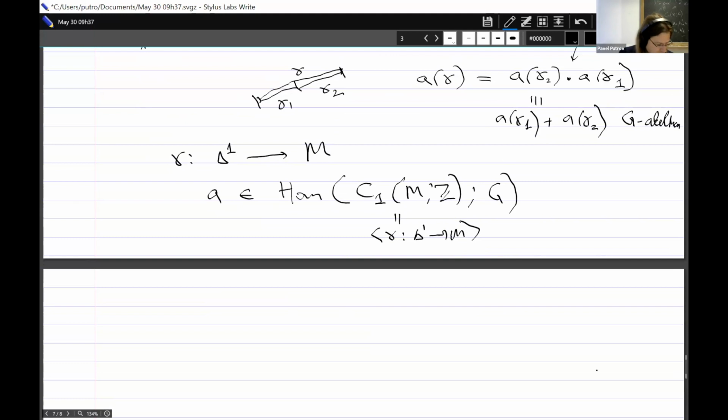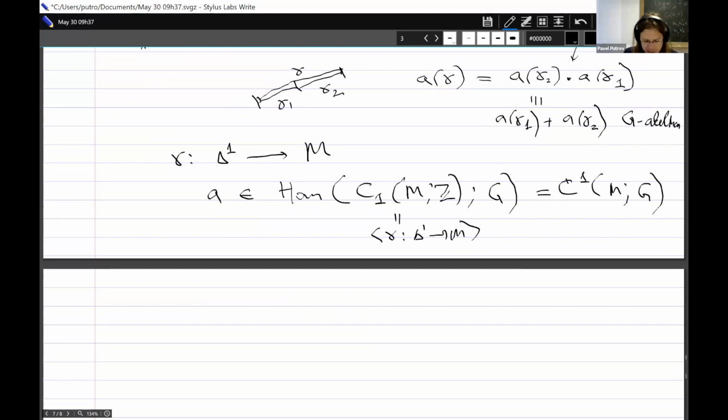But it's actually not arbitrary. So A is this way. A can be understood as a one-cochain of M with coefficients in G, but it's not an arbitrary cochain.